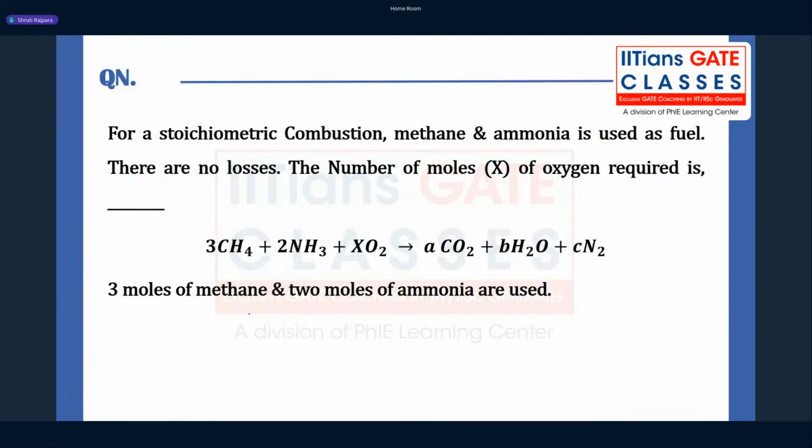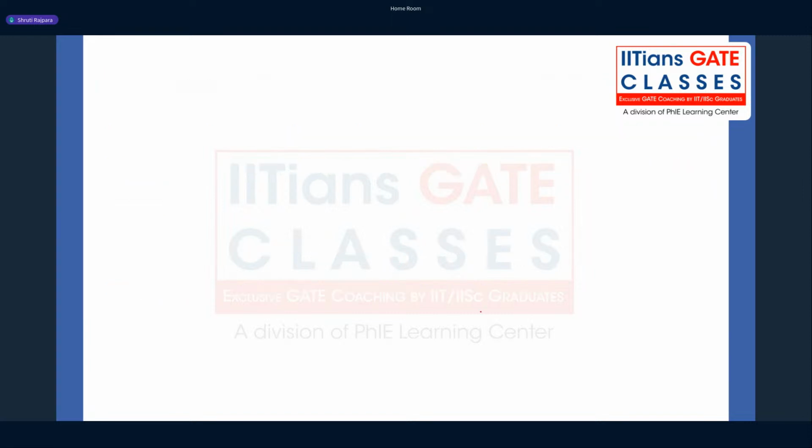So here they have given a stoichiometric combustion equation for methane and ammonia. They have asked to find out the variable x. So what we'll do is we'll try to do a stoichiometric balance of all the carbon, hydrogen, nitrogen and oxygen on LHS as well as RHS.